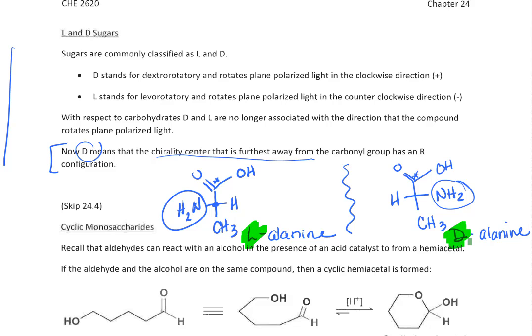So when you see D-alanine versus L-alanine, you know that you're talking about a pair of enantiomers.